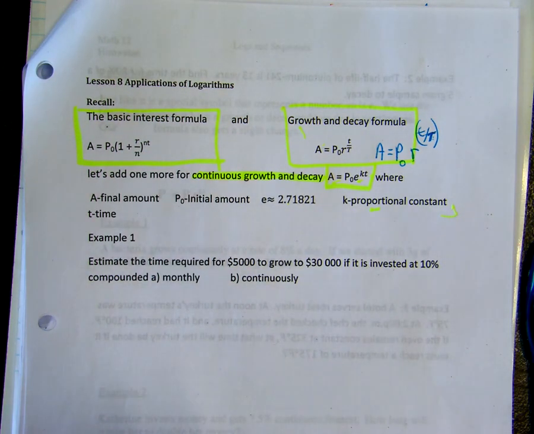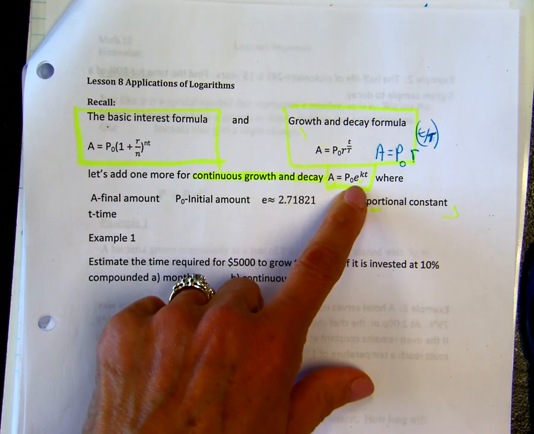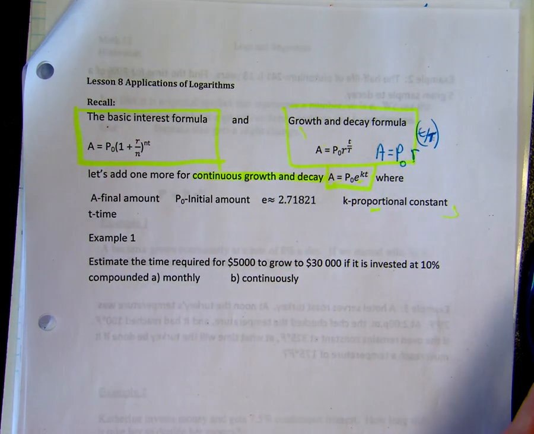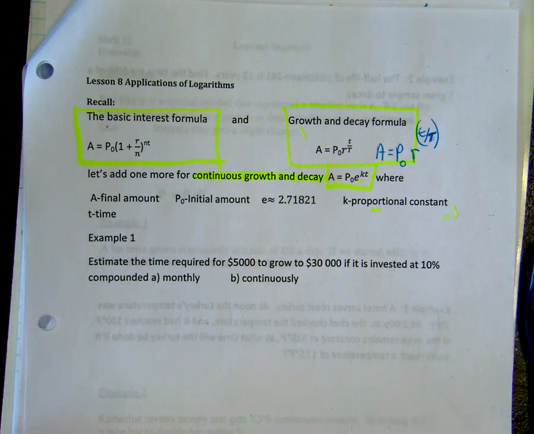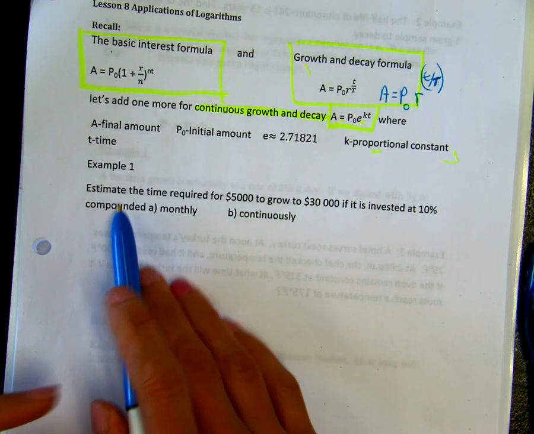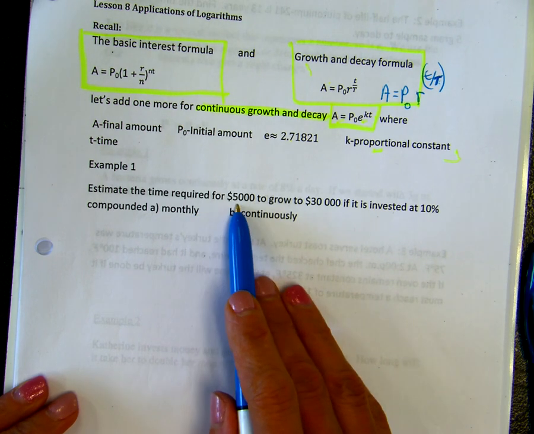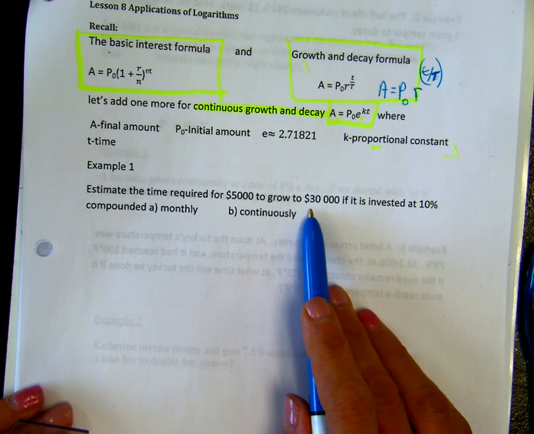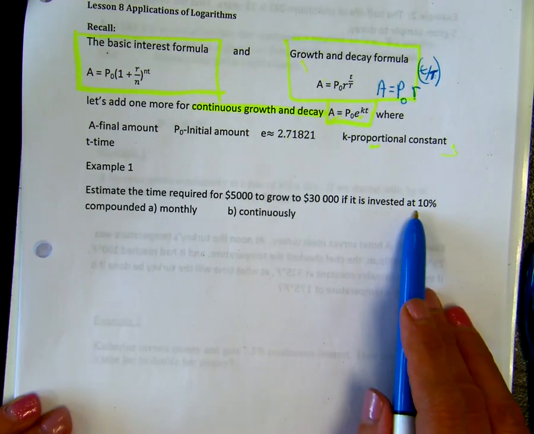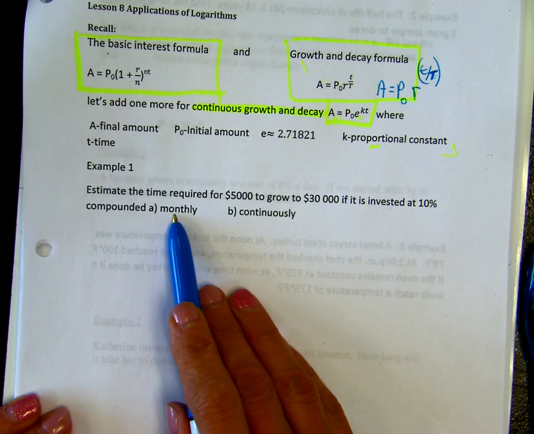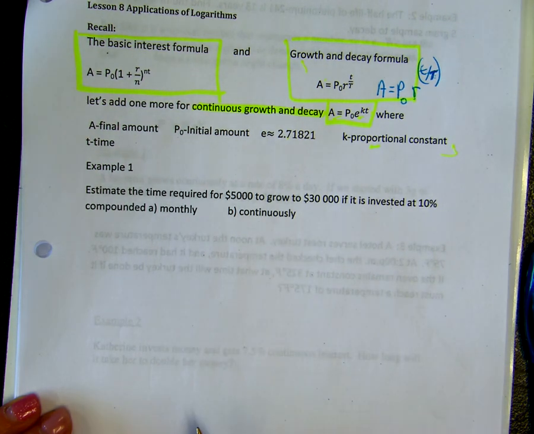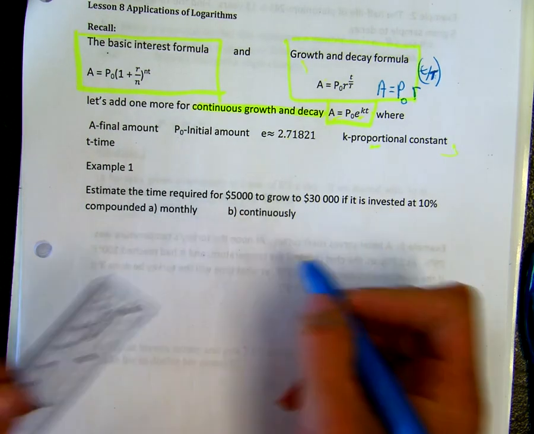So let's do a few examples. I think you'll get the idea, and I'll explain where the e comes from and why we do this kind of calculation in class on Monday. So let's look at estimating the time required for $5,000 to grow to $30,000 if it's invested at 10% compounded monthly. Okay, compounding.